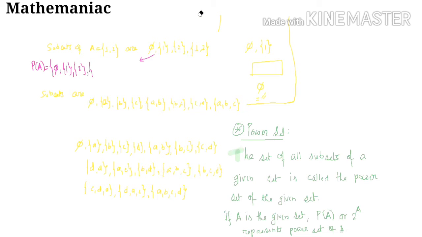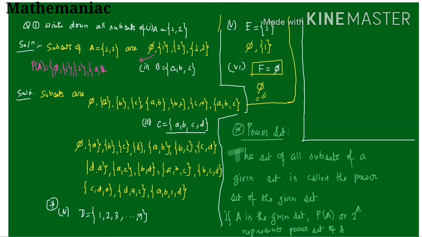Sorry, background has gone. So now I don't know how to make it undo. Ah, it is there. So let me cut it only. This will be 1 comma 2.